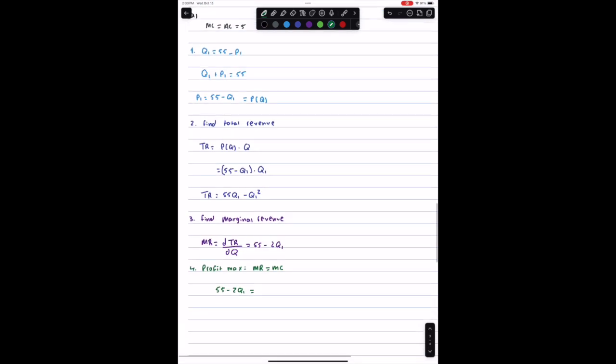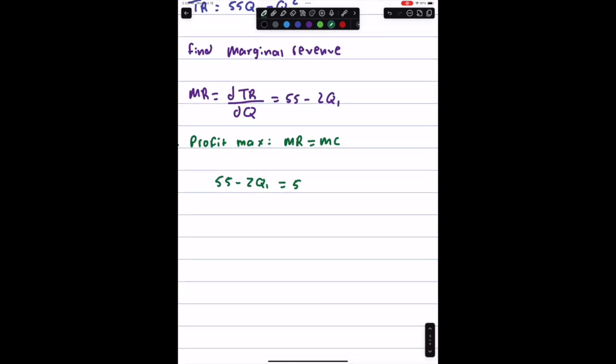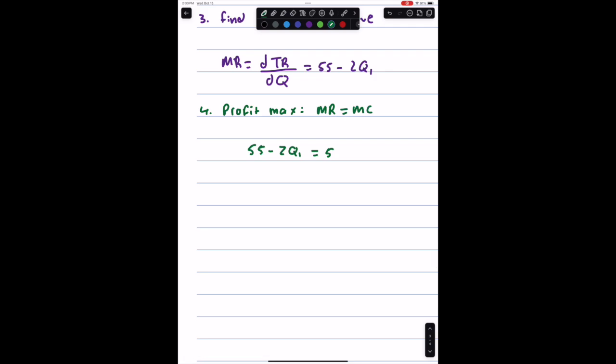It's constant. So doing some quick algebra, 55 minus 5 is equal to 2Q1. 50 is equal to 2Q1. Q1 star is equal to 25 because we're just going to divide both sides by 2.